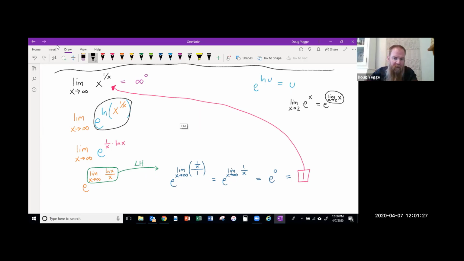Hold on one sec. That just means that I can really bring the limit into the exponent, which really meant that now I'm able to just use L'Hopital's rule on just the exponent.